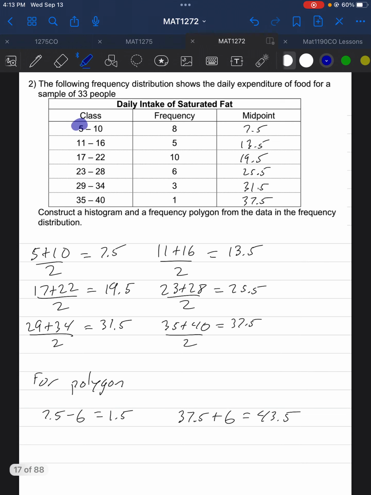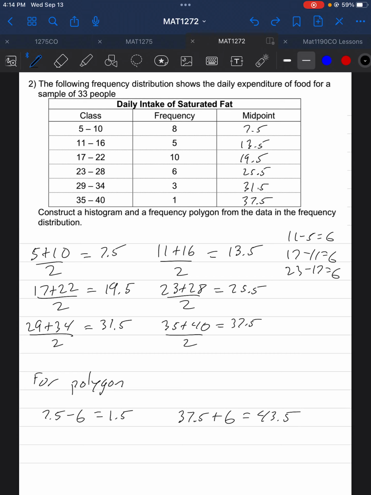But we can also notice that the beginning points here are going to tell us what the class width is for this data set. So 11 minus 5 is equal to 6. 17 minus 11, for instance, is equal to 6 also, and that should be constant throughout this entire data set, the beginning point of each class.